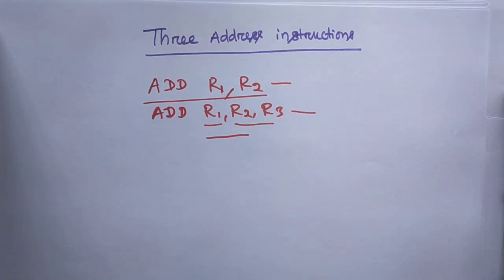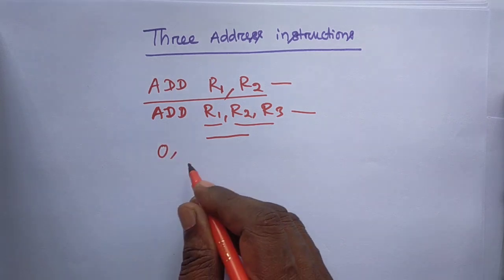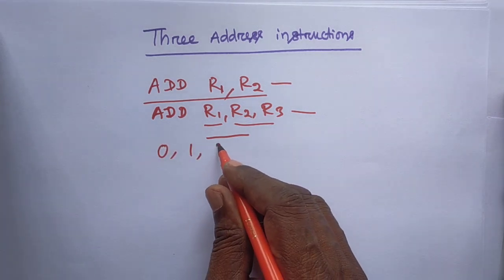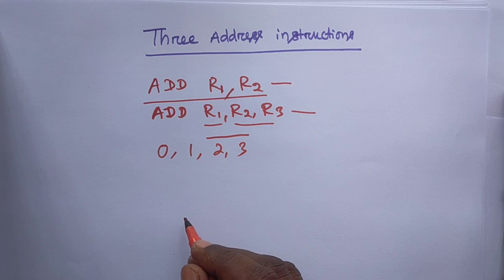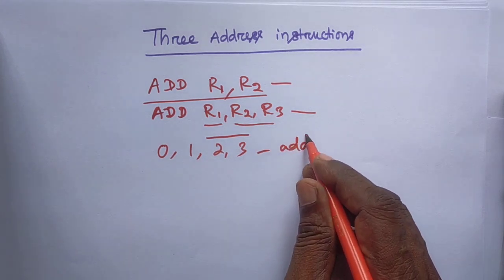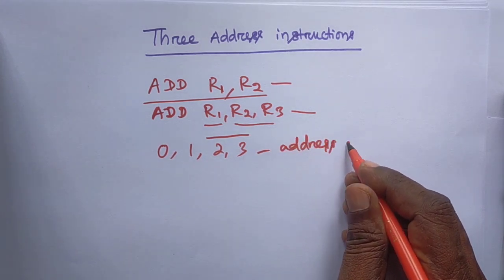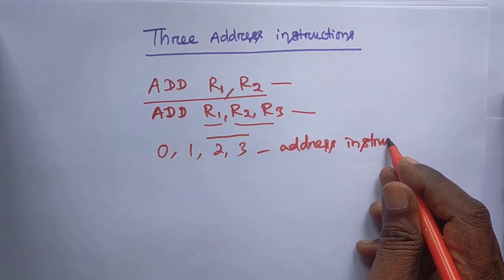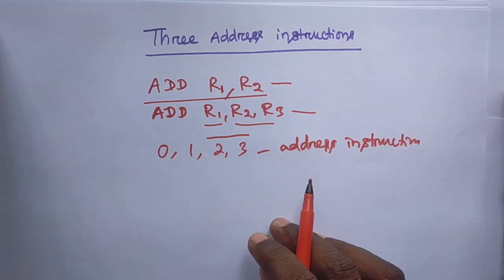Different address instructions are there, like 0 address, 1 address, 2 address, 3 address. These categories of address instructions are available.